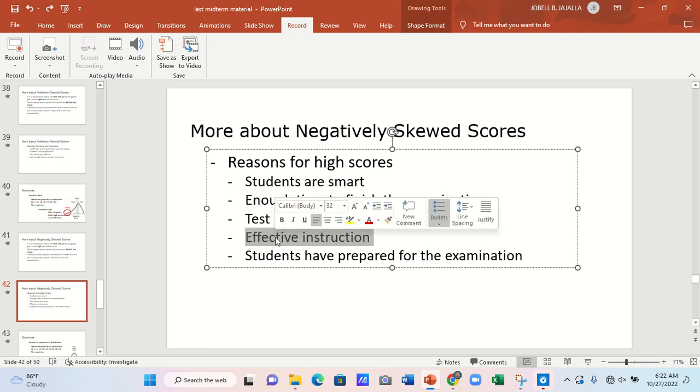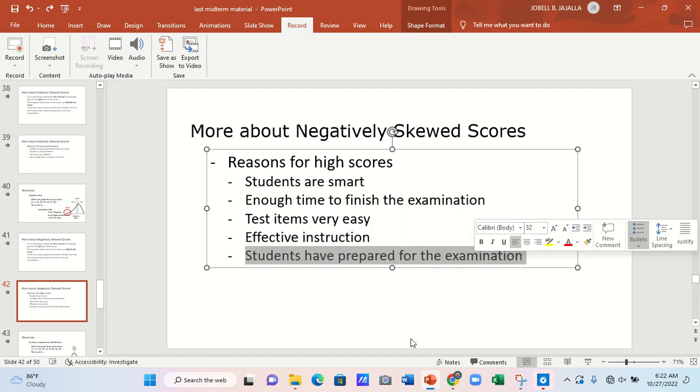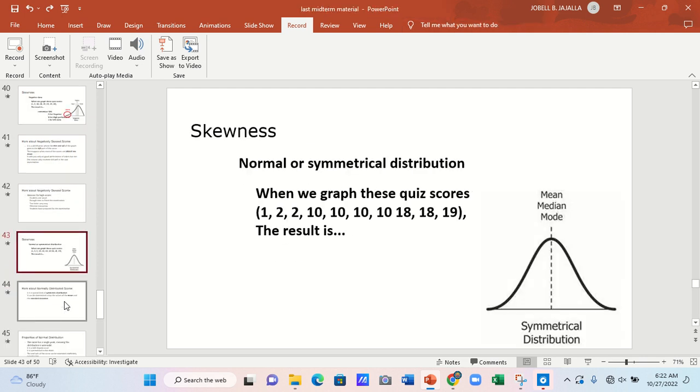Fourth is effective ang instruction even though lisod ang imuhang topic, but because you as a teacher you discussed properly and comprehensively your topic, therefore nagka negatively skewed scores na pag-abot sa test. Then the last one is students have prepared for the examination. So kung tanang students prior to the examination nahuman nila tanan og study tanang lessons or topics, so expectedly naa tay negatively skewed scores. So familiarize lang niha kanang mga reasons for scores.